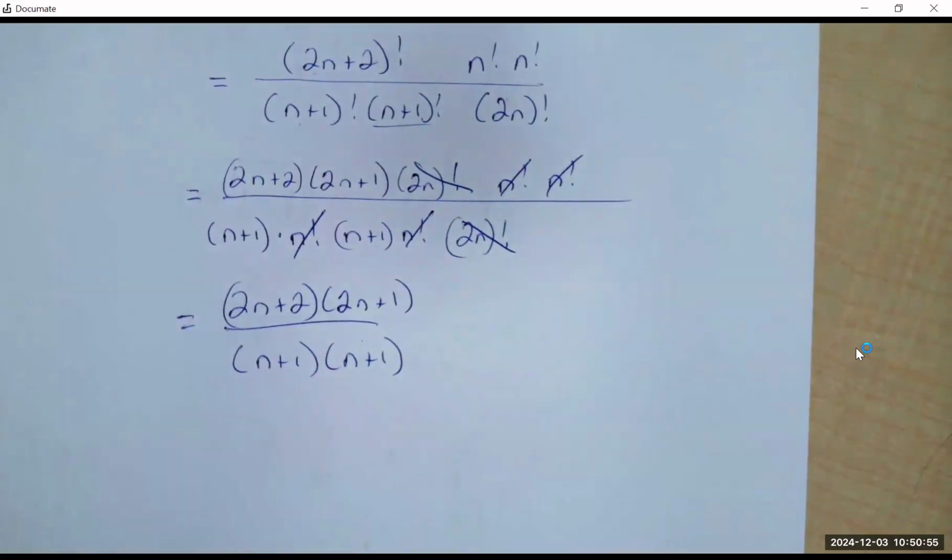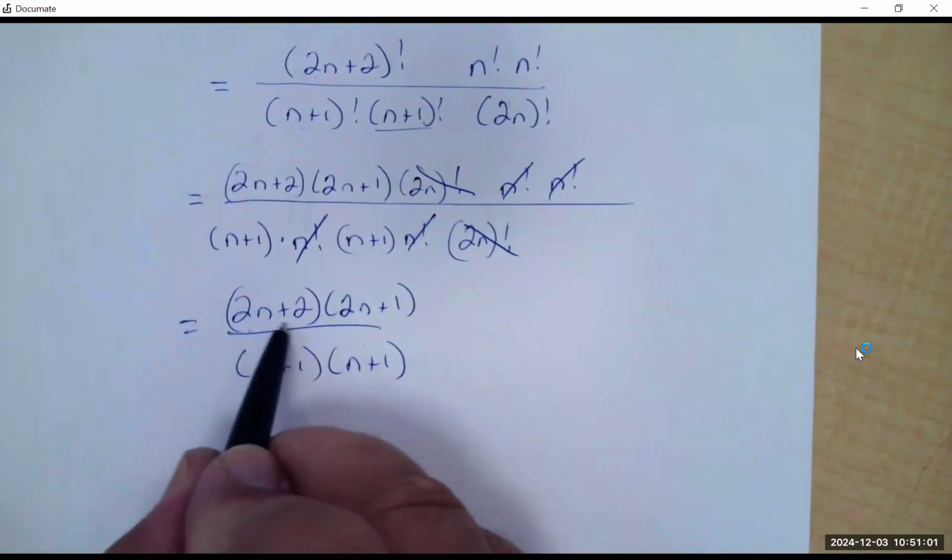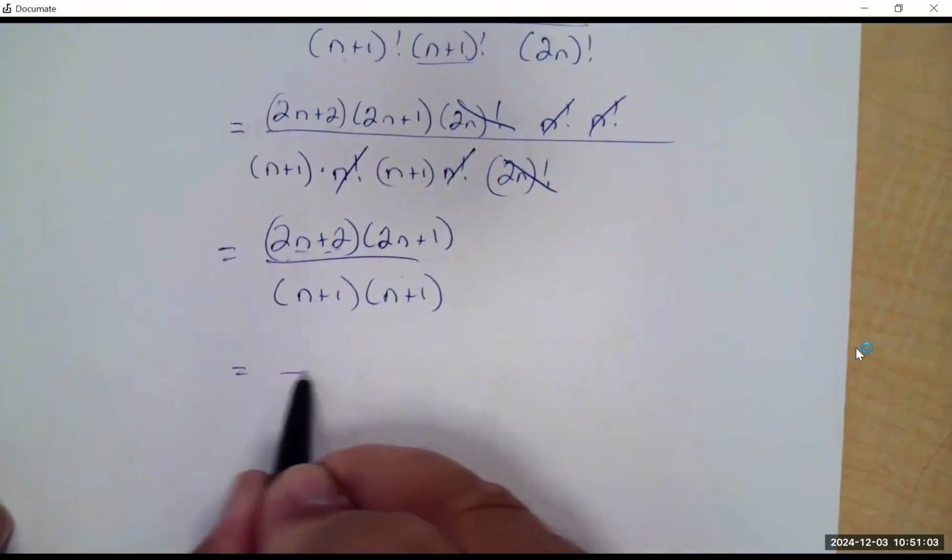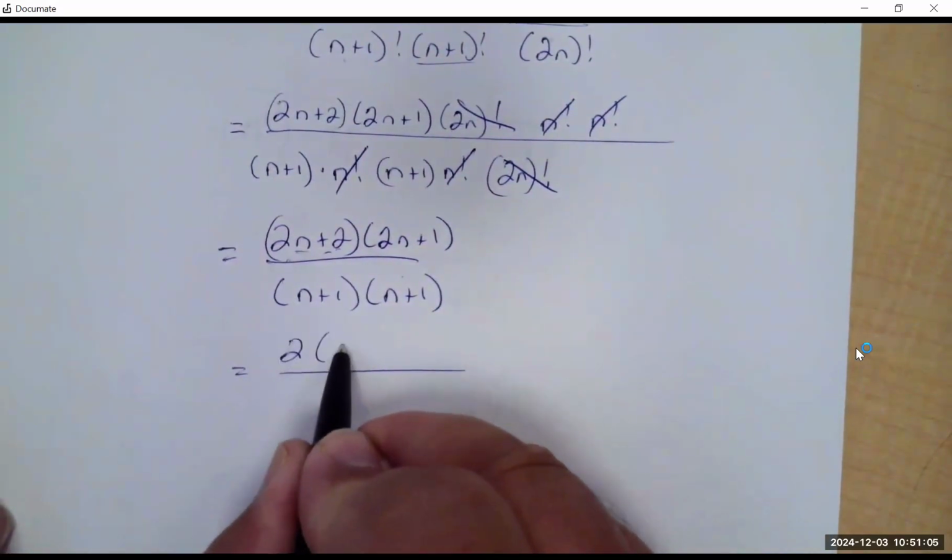Can anything cancel? Look at this first term. I can factor out a 2.